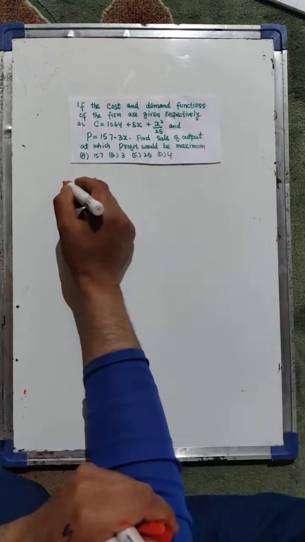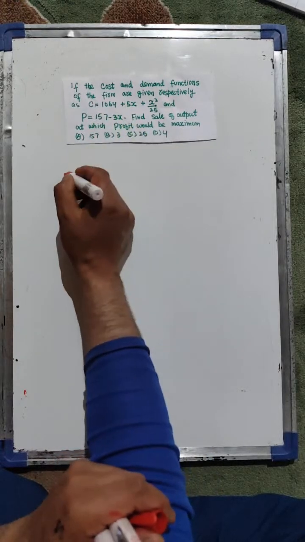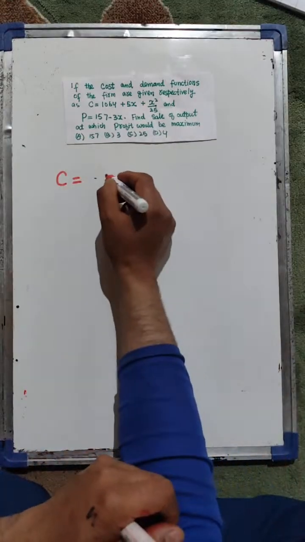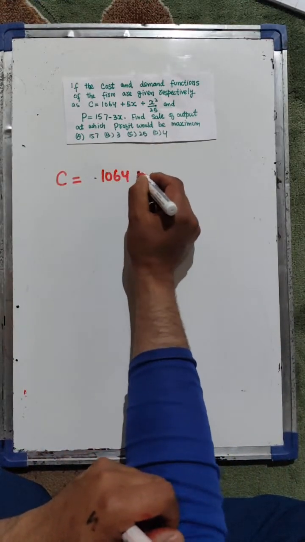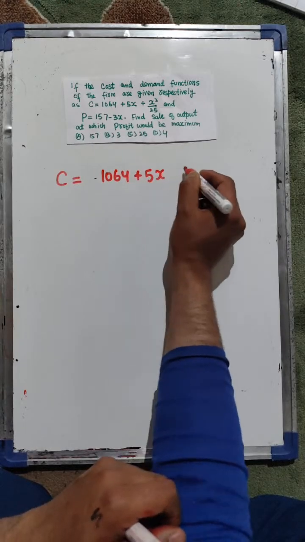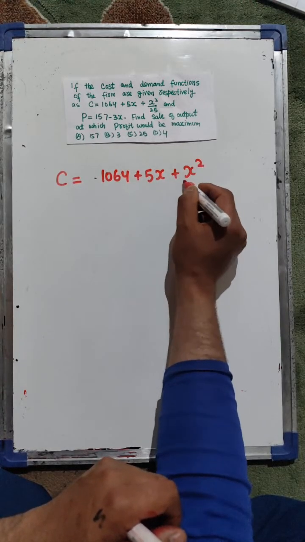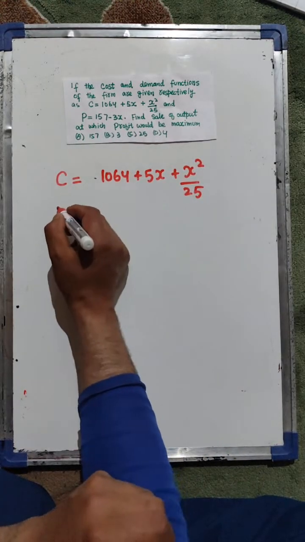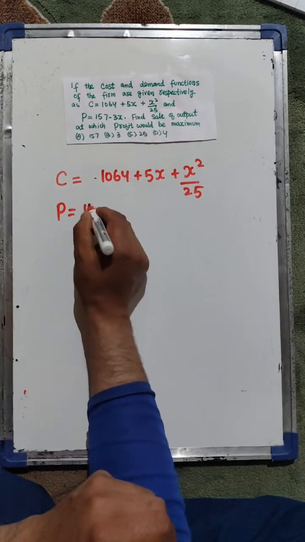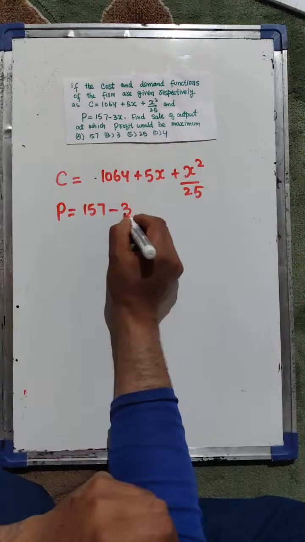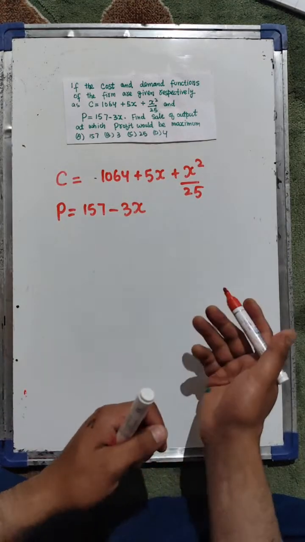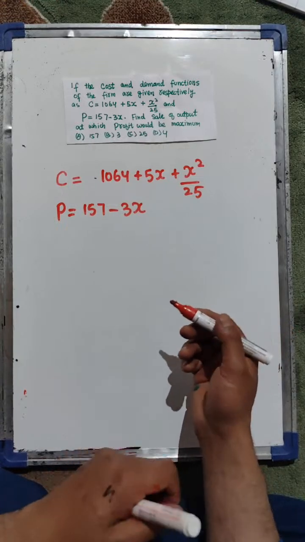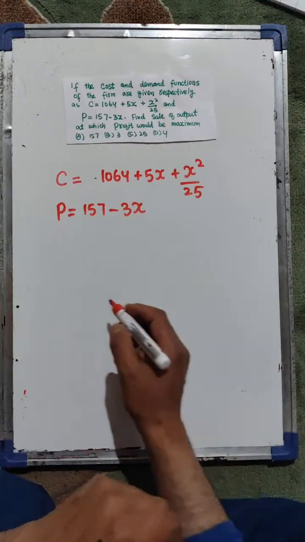So we have the cost function for the firm given as C is equal to 1064 plus 5x plus x square divided by 25. Also we have the demand function, that is P is equal to 157 minus 3x. We have to find out the sale of output. By sale of output, we mean the price of output at which profit would be maximum. Okay, so we know that profit would be maximum.